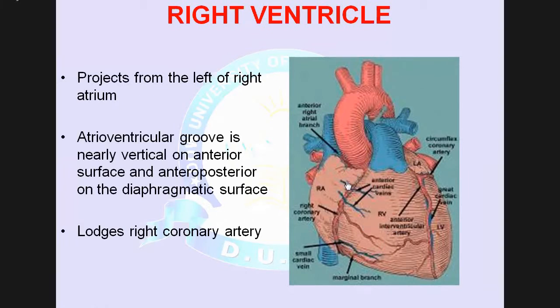And in this atrioventricular groove, we have the right coronary artery running through it. You can see the large vessels, the aorta and the pulmonary trunk, arising from the right ventricle over here.